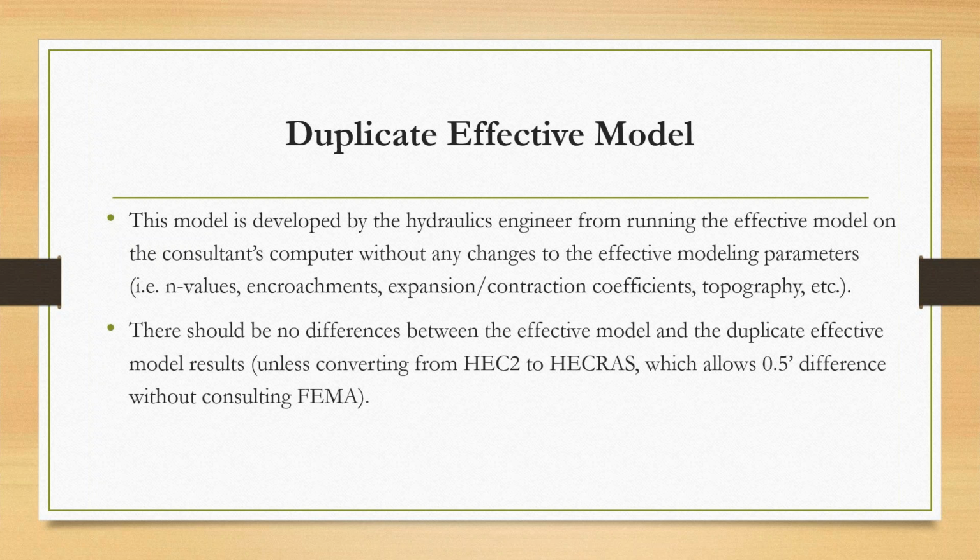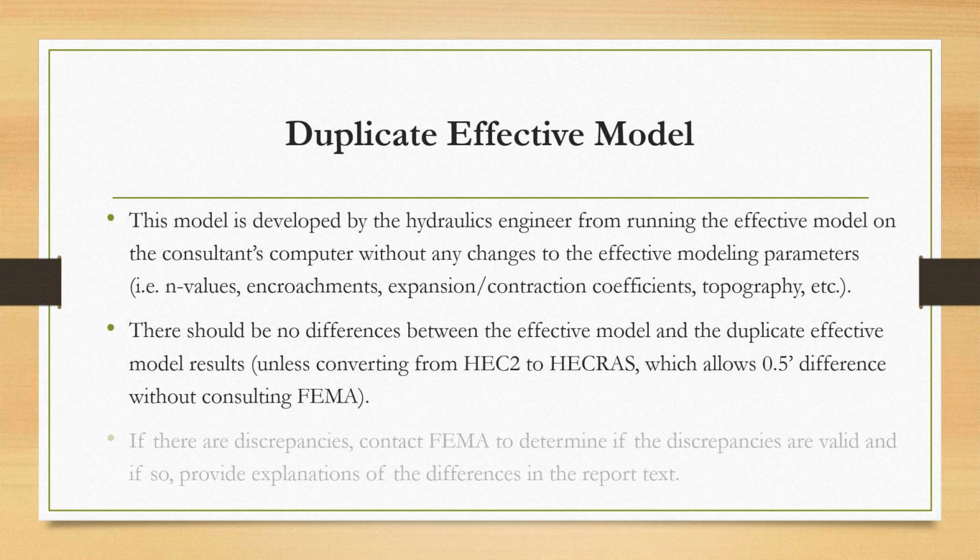There should be no differences between the results of the effective model and the duplicate effective model that's now running on our machine. The only time that can be different is when we have the HEC-2 and we're converting it to HEC-RAS. There are some differences that can be accepted by FEMA. FEMA does have to weigh in and agree with those differences.